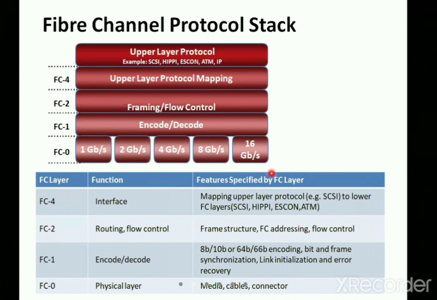The same way, for Fibre Channel we also have a protocol, which is divided into four layers. The first one is FC0, Fibre Channel 0, then Fibre Channel 1, next Fibre Channel 2, and the last one is Fibre Channel 4. Please remember, we don't have Fibre Channel 3.